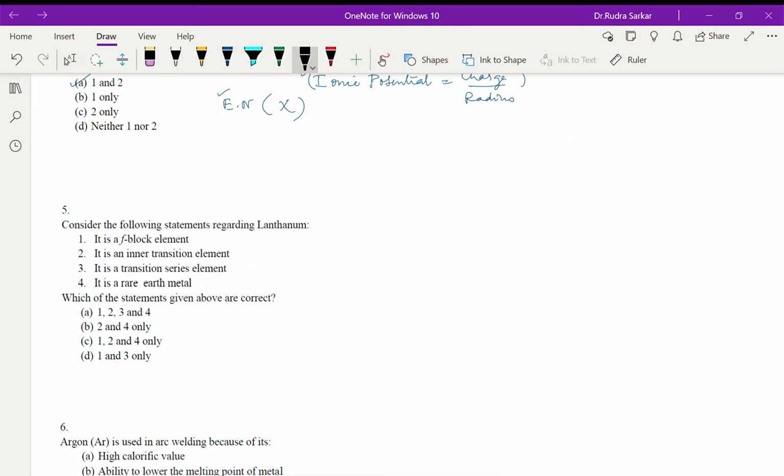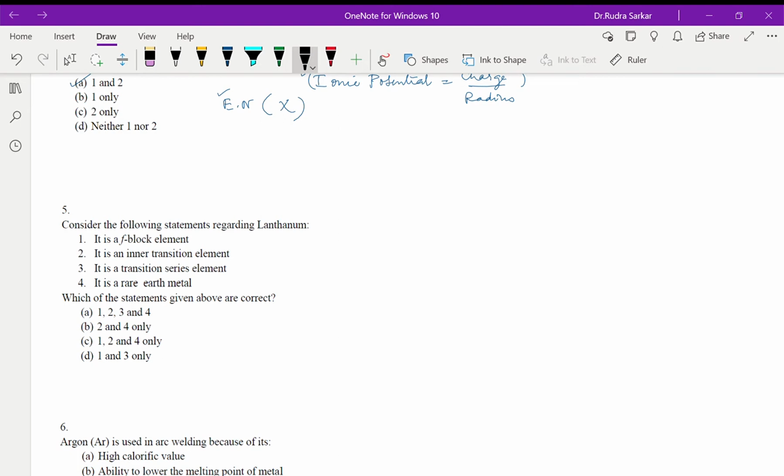In the next question, it is given 5. Consider the following statements for lanthanum. It is an F block element. It is an inner transition element. It is transition series element. It is a rare earth element.